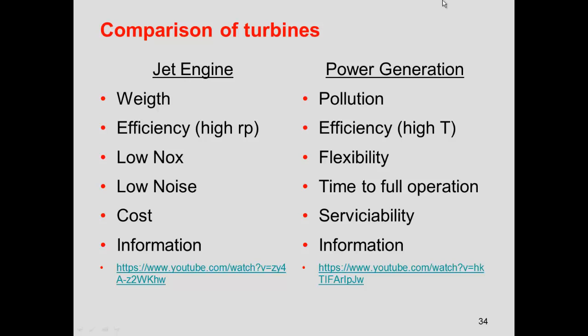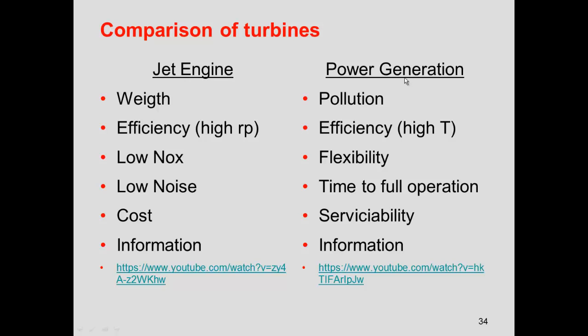Well, in power generation, you also get worried about pollution, because they are inland and they have different regulations, but they're very strict. Efficiency also, but what they focus more on is high temperatures because that will create a higher efficiency.